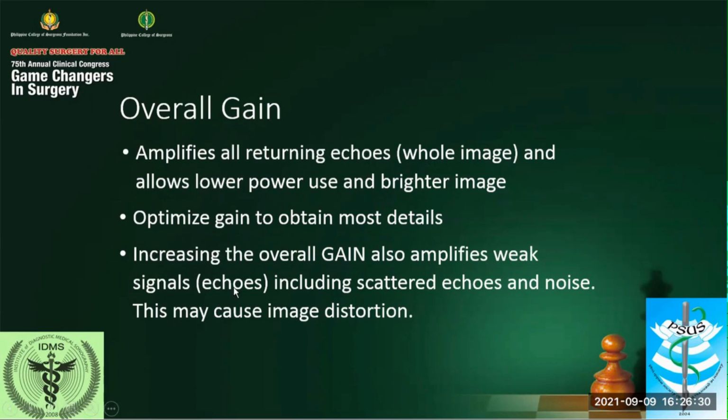Now, if there is too much gain, it amplifies the weak signals, including the noise, and can cause image distortion. It can obscure the important part of the image.